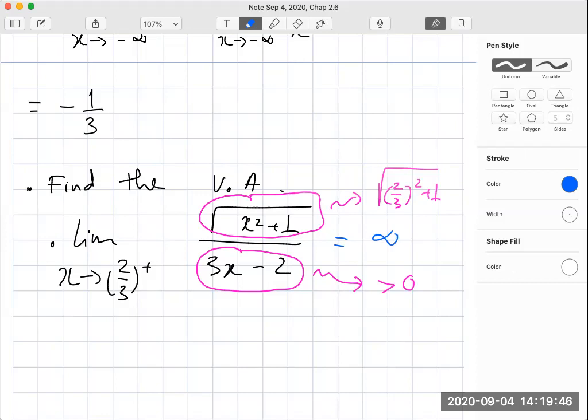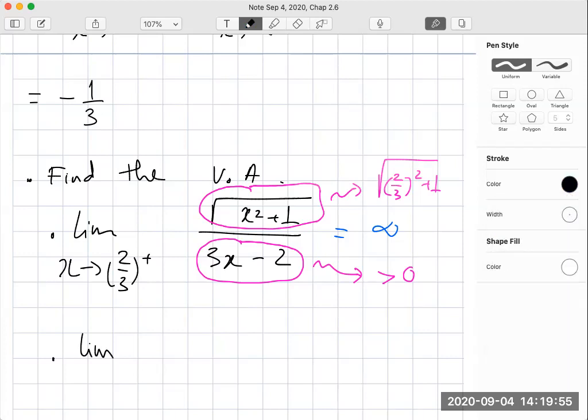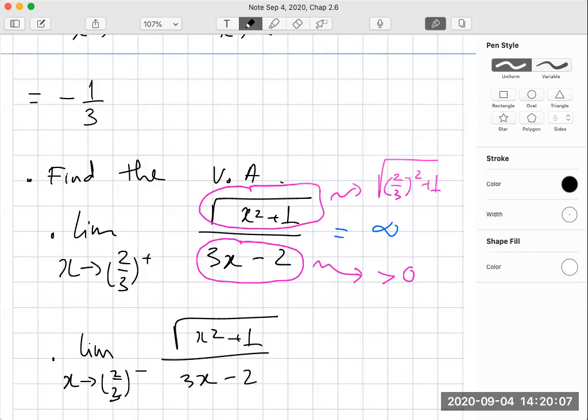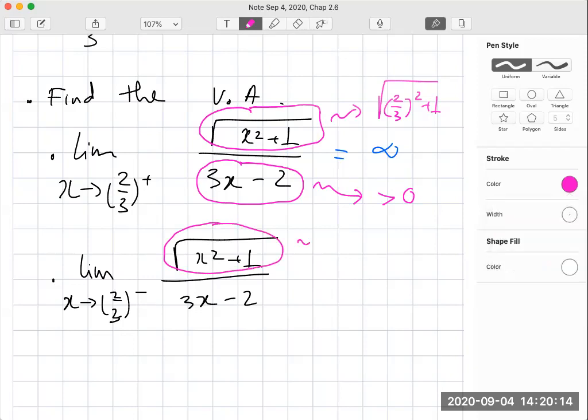Is it clear? The similar story, we need to consider, excuse me, when x approaches 2/3 from the left, the similar things, square root of x squared plus 1 over 3x minus 2. And with a similar argument, we know that this one always converges to a positive number.